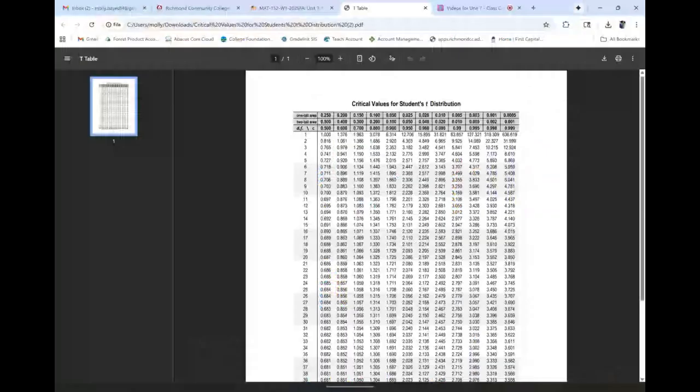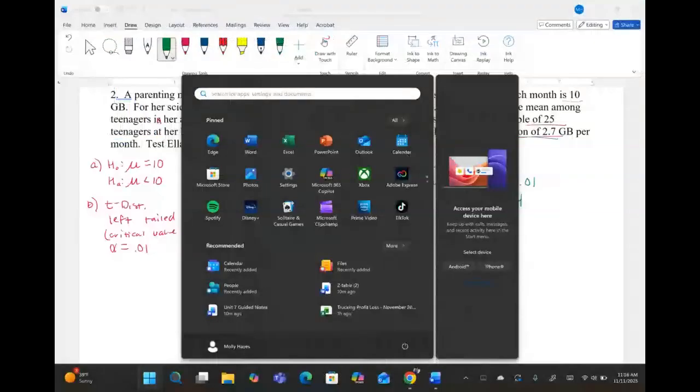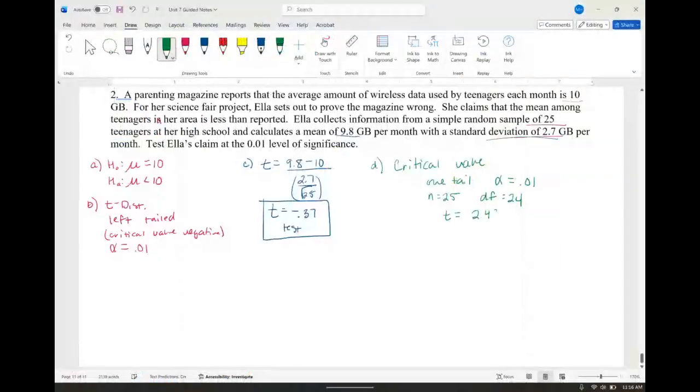Degrees of freedom is 24, one-tailed test, 0.01, so I'm looking at 2.492. And since this is a left-tailed test, I'm going to make that negative. This is our rejection region here. Our test statistic actually falls right here.